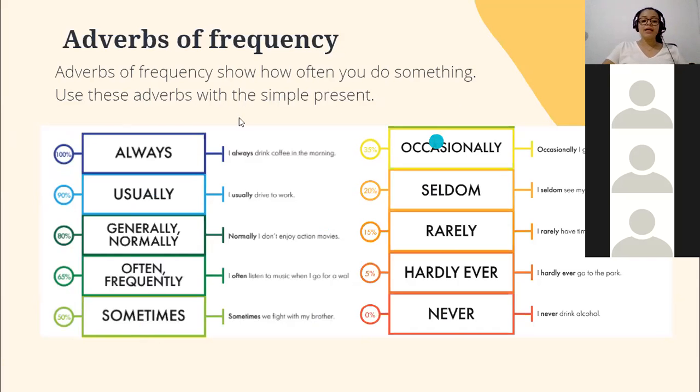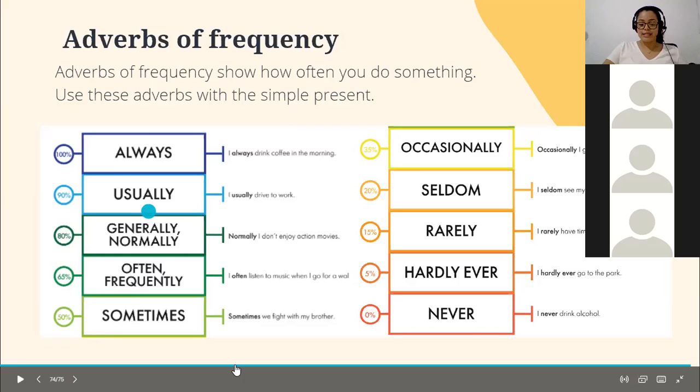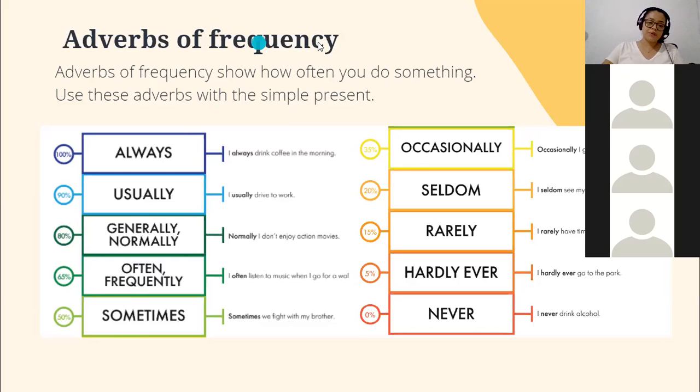Now, these are words or adverbs of frequency that we use in the simple present. Okay? Estas las usamos en el presente simple. Do we understand that? Yes, understand. Okay.